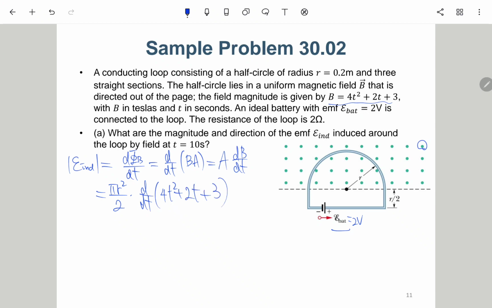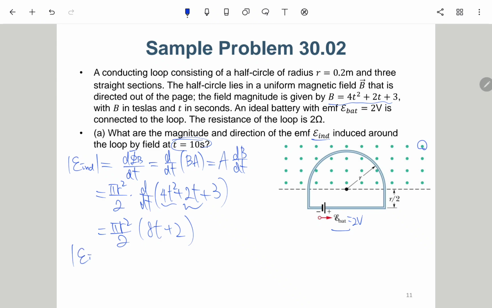Taking the derivative is really easy. So we have pi r squared over 2, and then the derivative of 4t squared is 8t, the derivative of 2t is 2, and the derivative of 3 is 0. Nothing special. Here we would like to find the magnitude of the E induced at t equals 10 seconds.